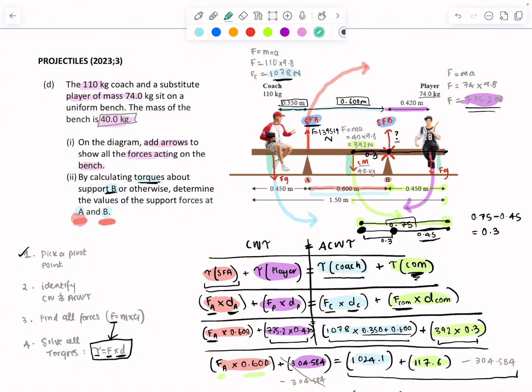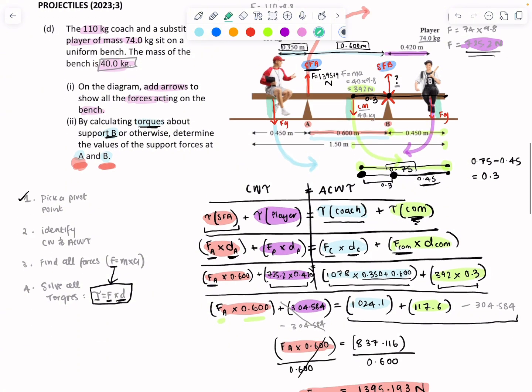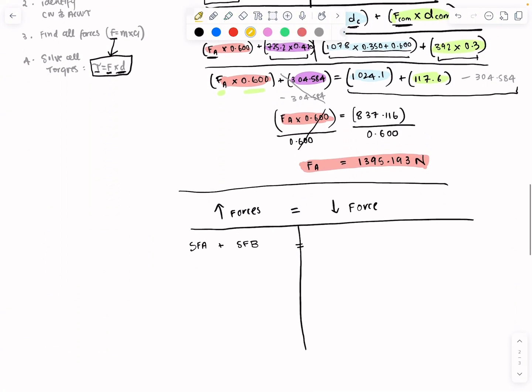And we've got our player, that is also a downwards force. So let's add that to our little table. So we've got our coach, his force, plus what else? We've got the force of our center of mass, and then we've got the force of our player.